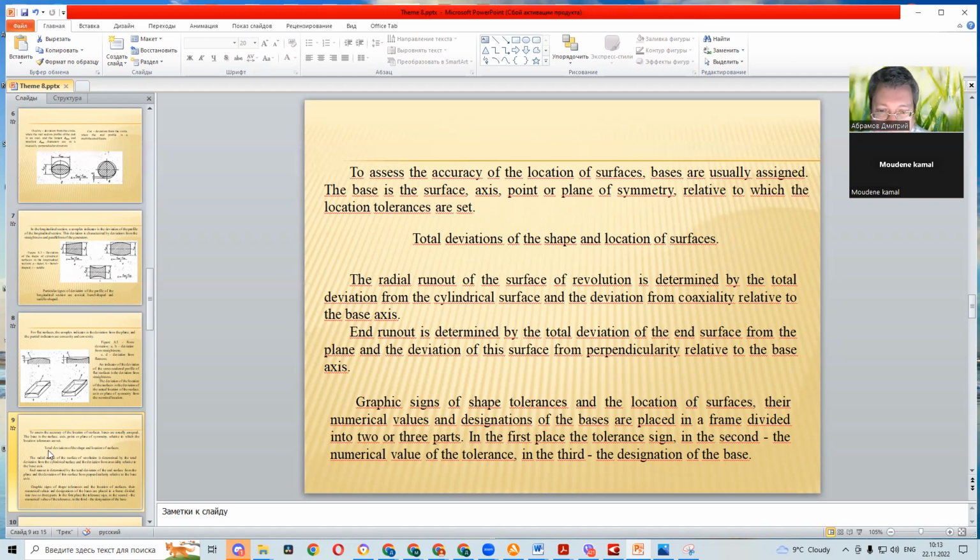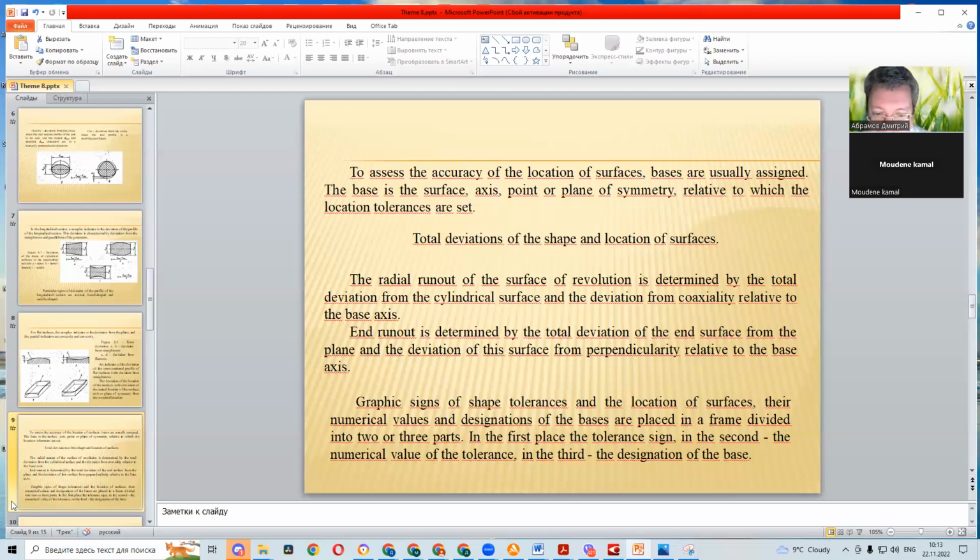And end runout is determined by the total deviation of the end surface from the plane and the deviation of this surface from perpendicularity relative to the base axis.